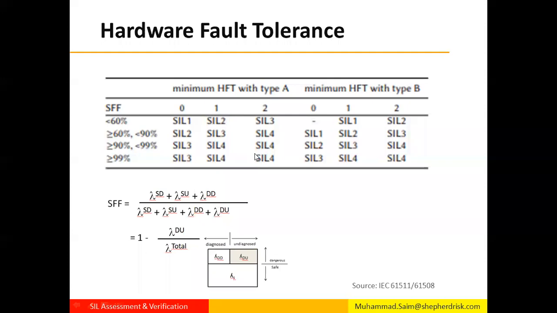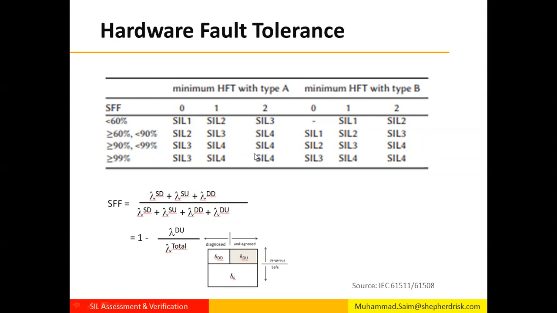Now we've seen that the safe failure fraction is the ratio of the safe failures and the dangerous detected failures to the total failures. So we need to know the safe failure fraction of our hardware. This info is normally provided by the vendors, but we know that the smart transmitters and PLCs have a very high safe failure fraction, above 90%.